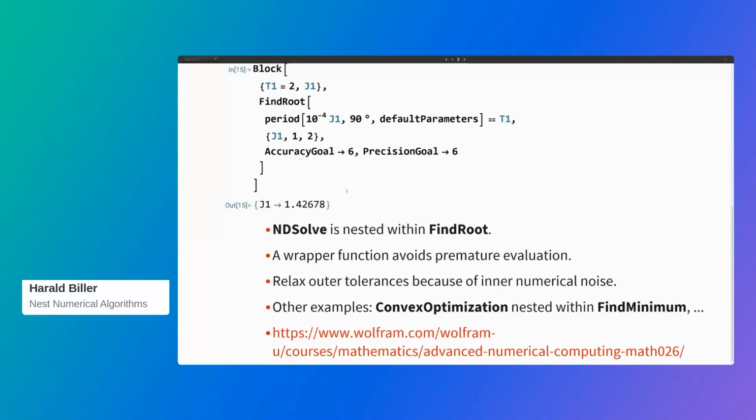Actually, I had one example where the inner algorithm used software precision, 30 or 50 digits or so. So the inner algorithm sometimes needs to be very precise. The outer algorithm needs to be relaxed. And if you use these tricks, you can often plug one thing into the other.